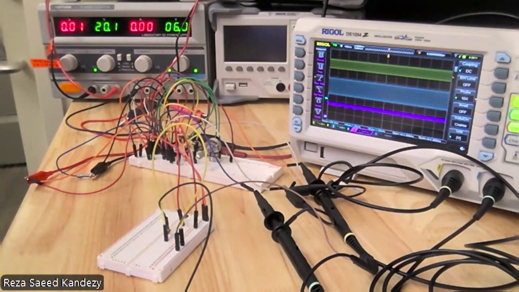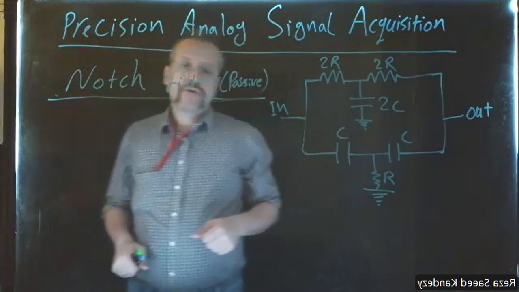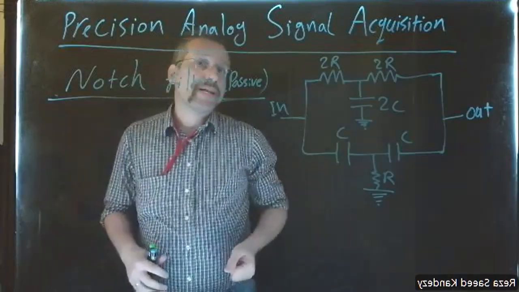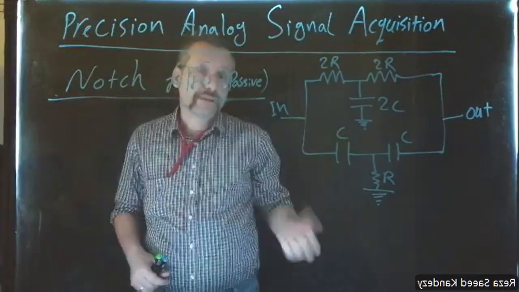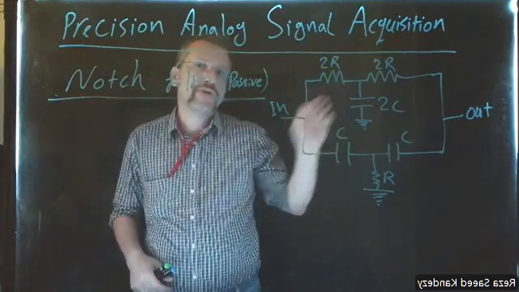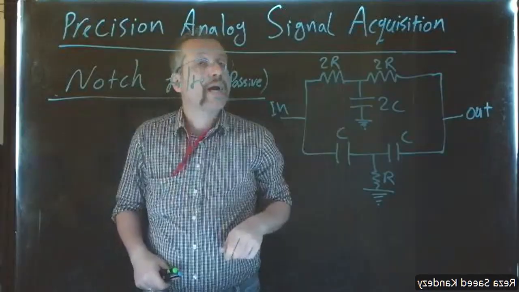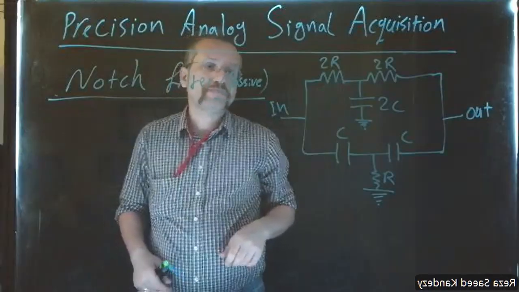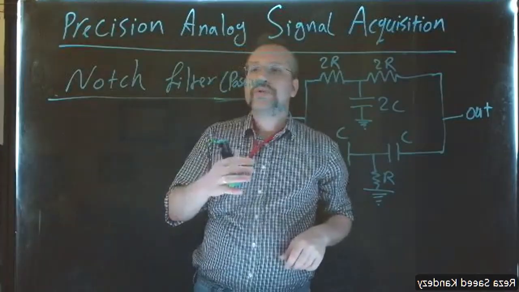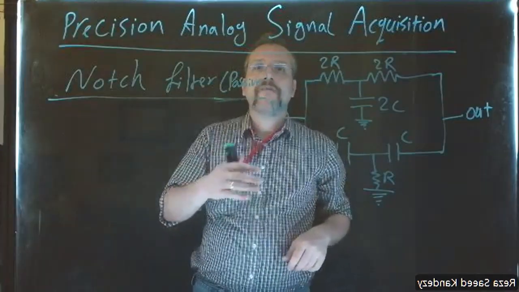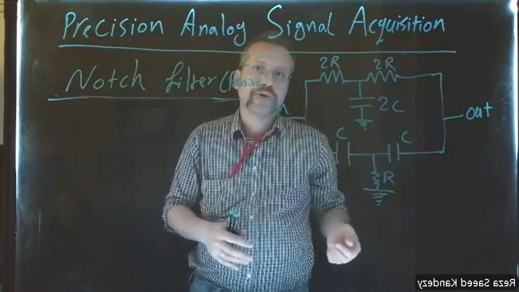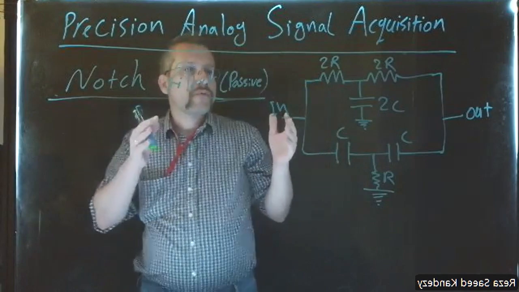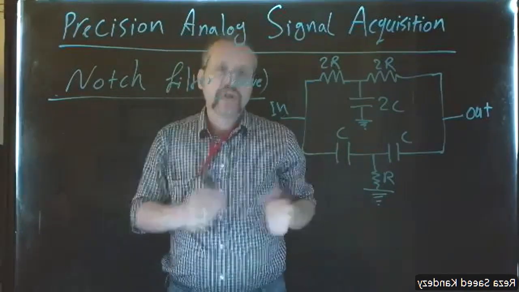Now let's go toward the notch filter. Now let's talk about the third block that we had in order to eliminate the power line interferences that we could have, that 60 hertz EMI that we might have in our signals. We said we could use a band pass filter, specifically a notch filter, so we can eliminate that specific range of frequency.